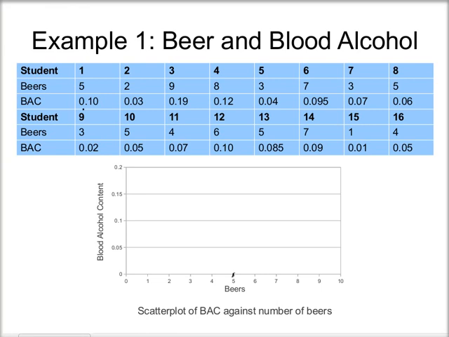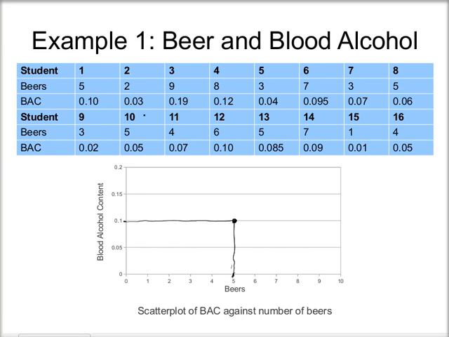And their blood alcohol content was measured at 0.1, so I'll find that over here on my vertical axis, and then go over from the vertical axis and up from the horizontal axis, and the point where those two lines meet is where I draw a point for that student. So I'm going to do that for each student.